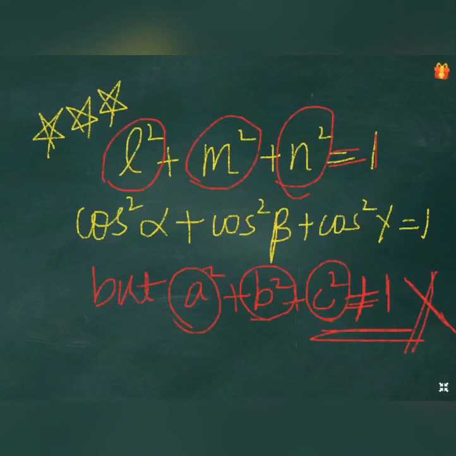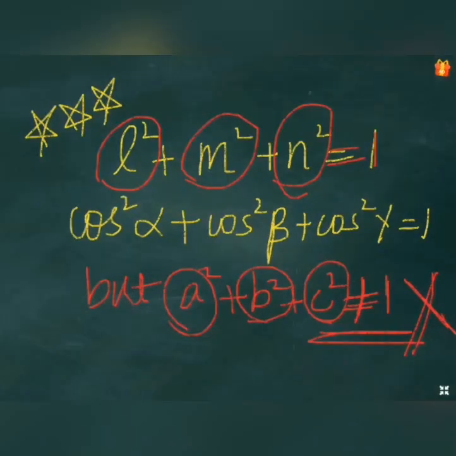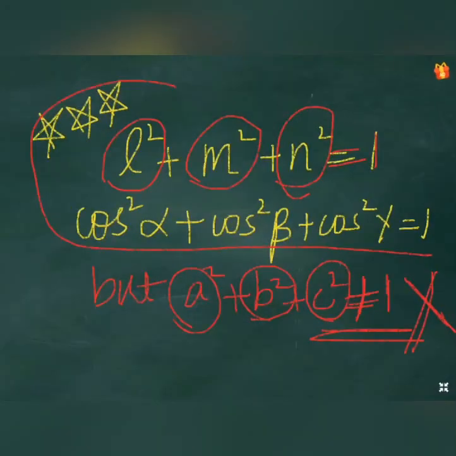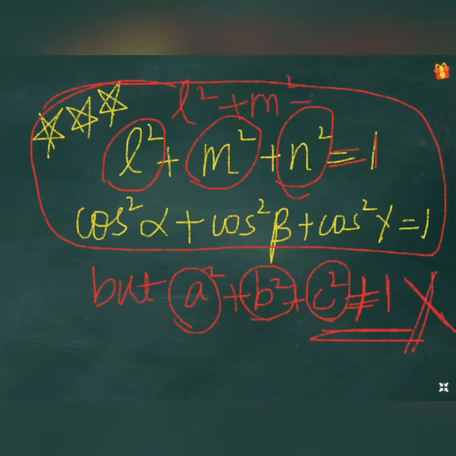The proof of this we will be learning in the next lesson, which is a continuation of vectors, that is 3D. Again, I am repeating, the cosines when squared and added will give the result as 1. That is l square plus m square plus n square is equal to 1.